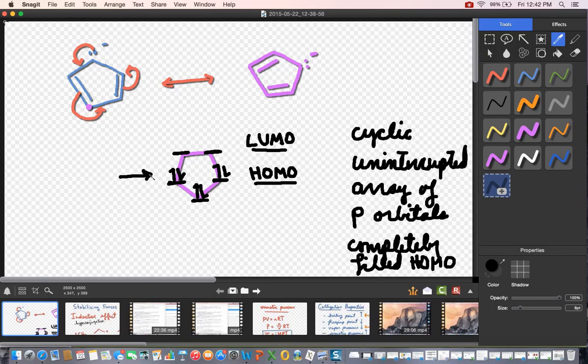This is a classic aromatic compound. A 5-membered ring with 6 pi equivalents is aromatic.